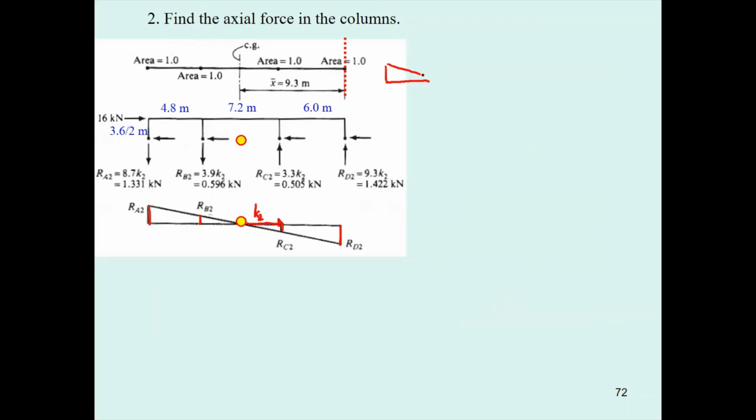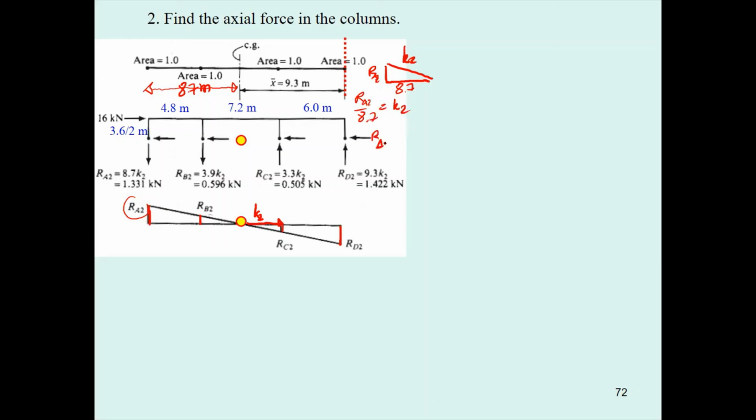For example, if you have the slope K2, and this is going to be R sub A2, and this is the distance measured from this one to this one. This is going to be 8.7 meters. So R sub A2 divided by 8.7 is going to be K2.